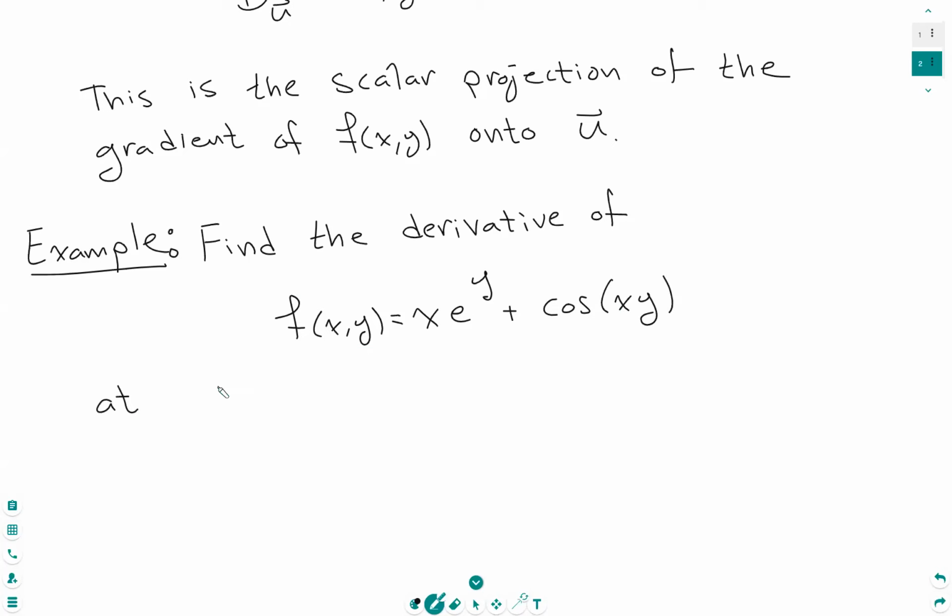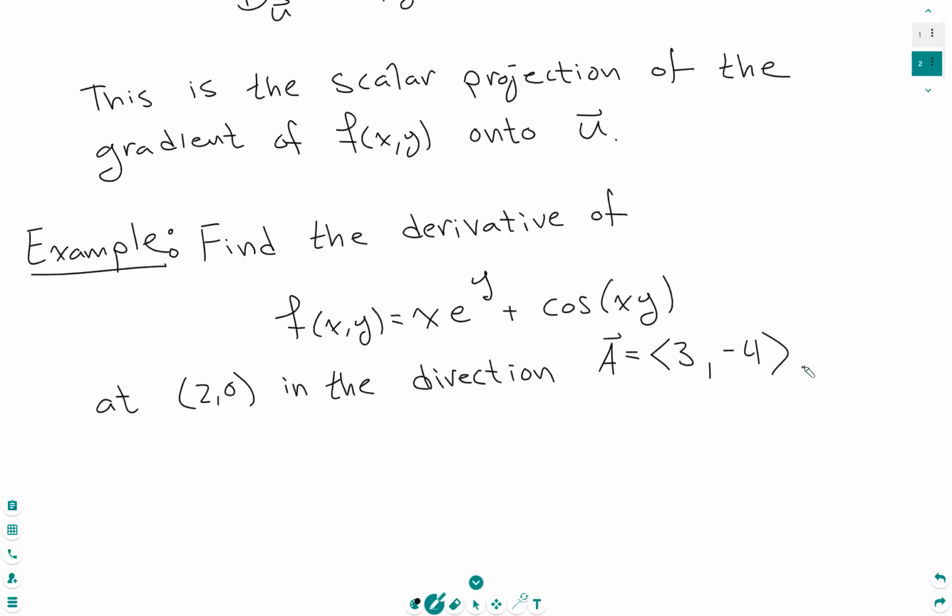We're finding it at the point 2, 0 in the direction given by a, which is 3, -4.